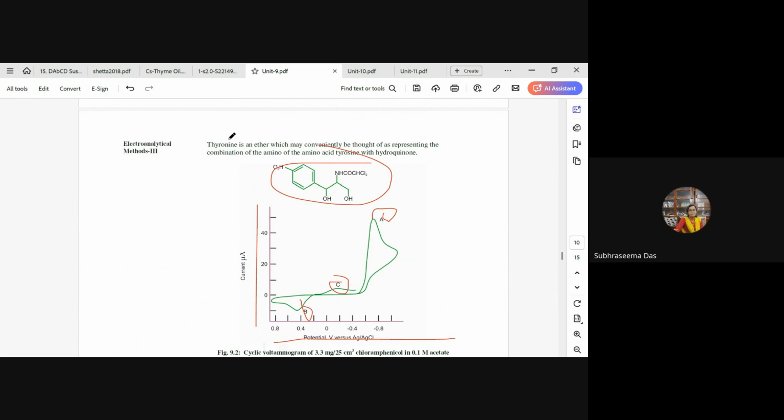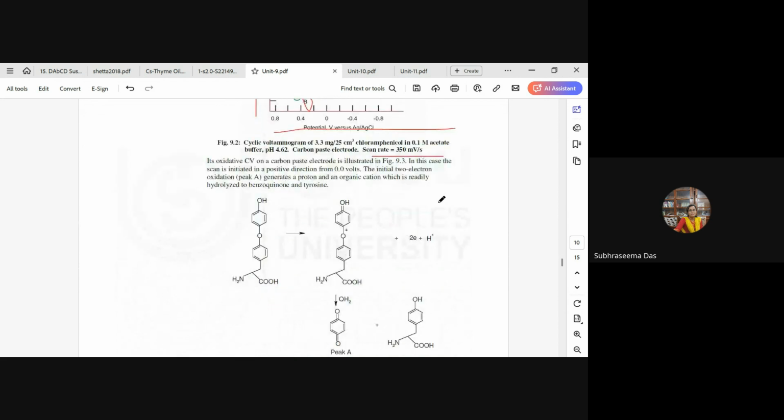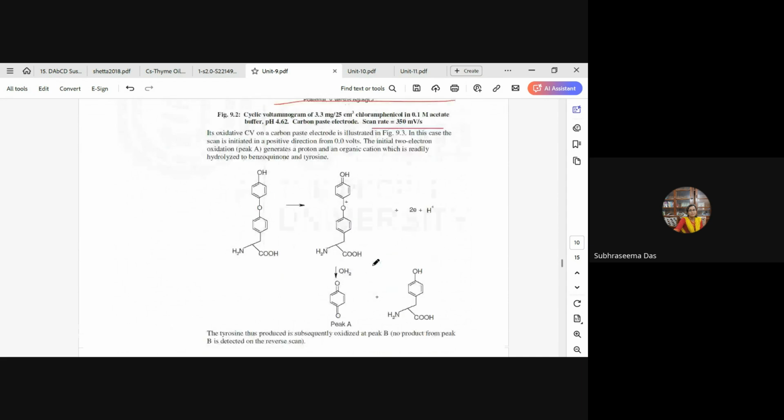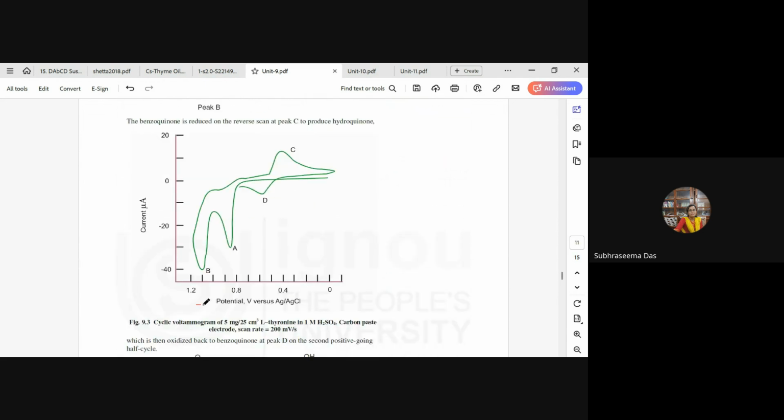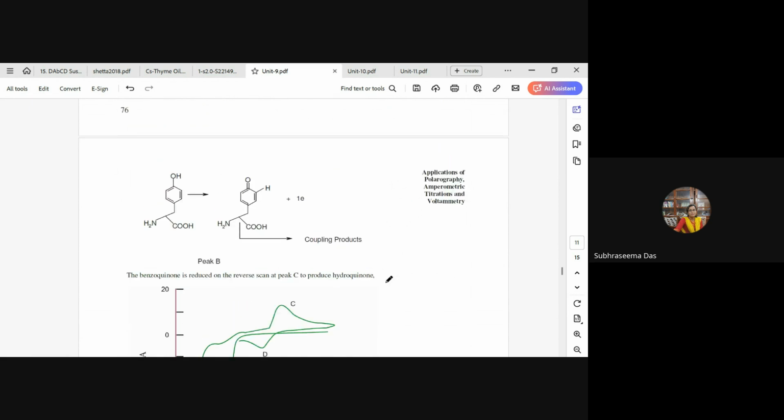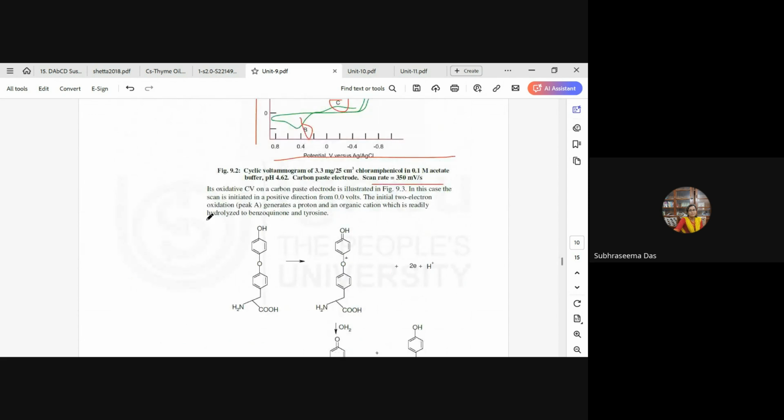There is another example where CV is used. It is thyronine. Thyronine is an ether, which represents the combination of the amino acid tyrosine with hydroquinone. In the figure you can see its oxidative CV, shown in figure 9.3, the potential versus current curve. This is the oxidative CV on a carbon paste electrode.